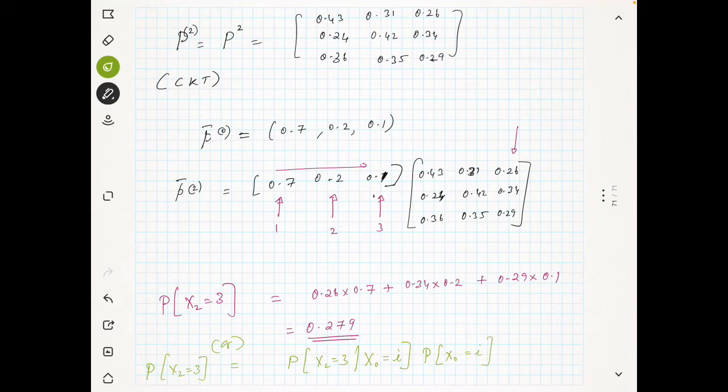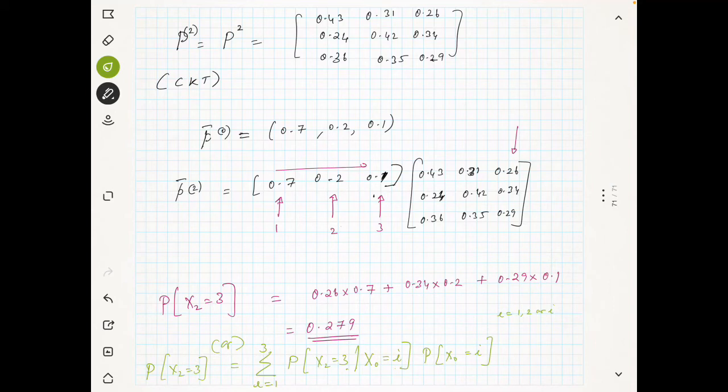This kind of method we have already seen, and i will be any state, from 1 to 3. That means i can be 1, 2 or 3.